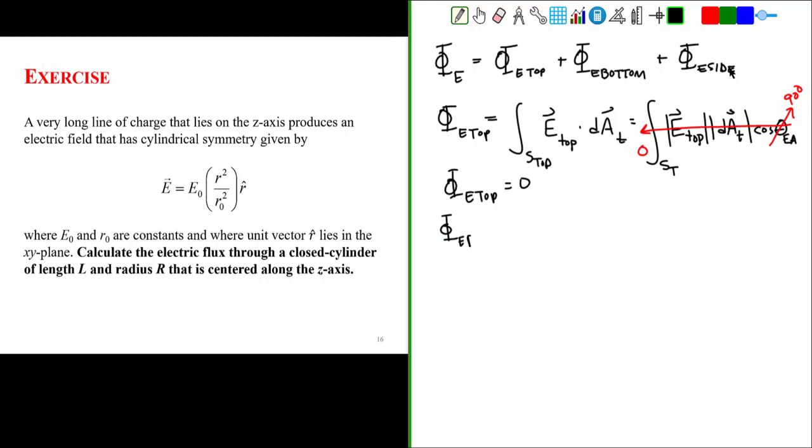The electric flux through the bottom surface is equal to the surface integral through the bottom surface of the electric field passing through the bottom surface dotted with the area vector of the bottom surface.